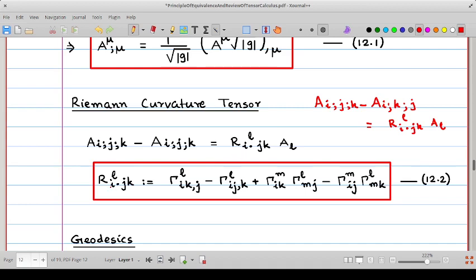So we define R^l_ijk as Γ^l_ik,j minus Γ^l_ij,k plus Γ^m_ik Γ^l_mj minus Γ^m_ij Γ^l_mk. Now we notice the difference in an overall sign factor.